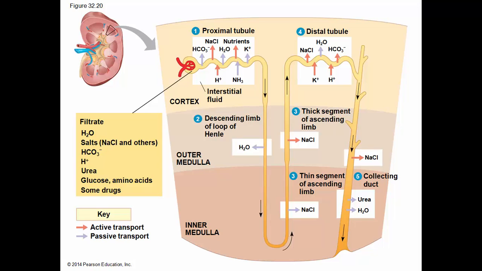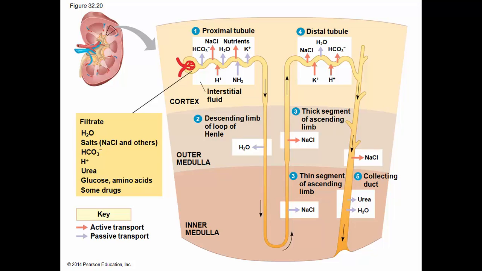The ascending limb has two specialized regions: the thin segment near the loop tip and the thick segment adjacent to the distal tubule. As the filtrate ascends the thin segment, sodium chloride, which became concentrated in the descending limb, diffuses out of the permeable tubule into the interstitial fluid.